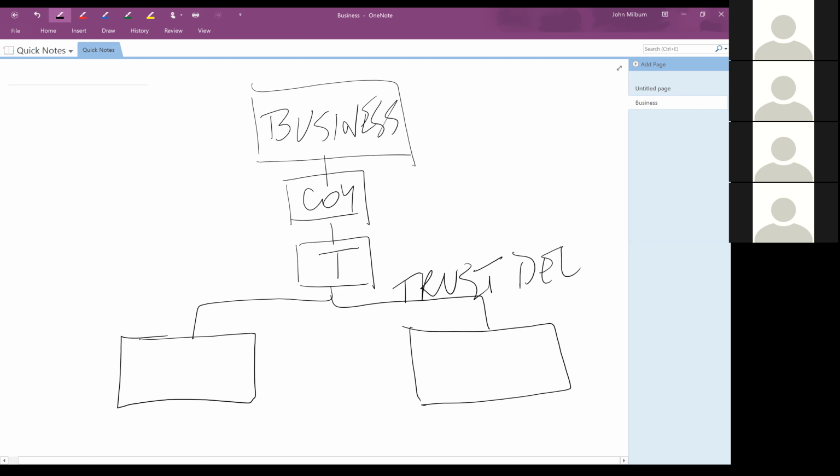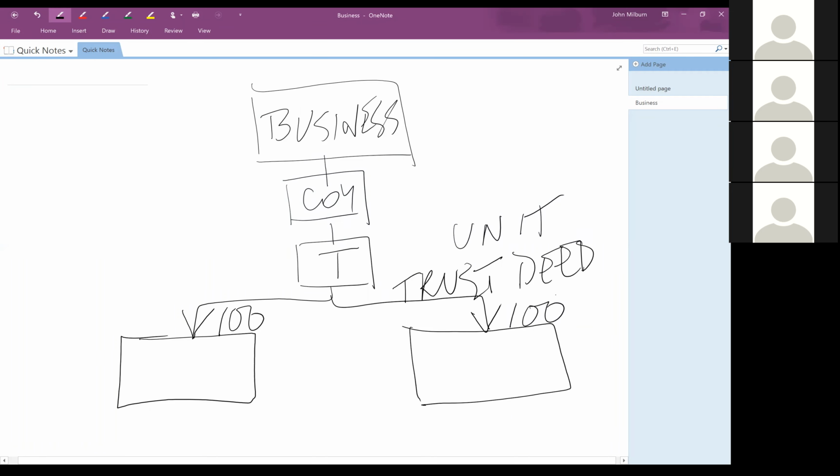Like we did for the discretionary trust. And the terms of the trust deed, which is a unit trust deed, is a fixed trust where there's so many units here and there's so many units here. And they're fixed. They can be equal, but they don't have to be. So let's say that there is 100 units here and there's 100 units here.